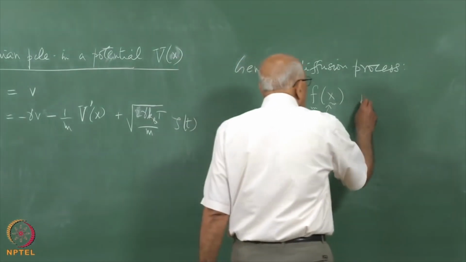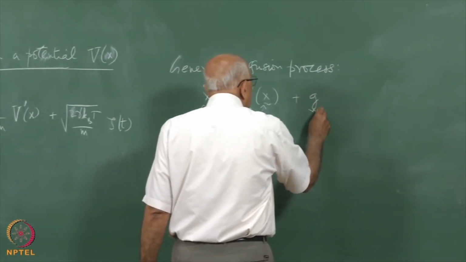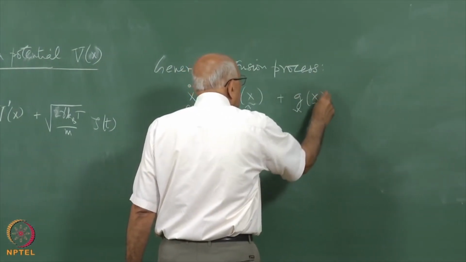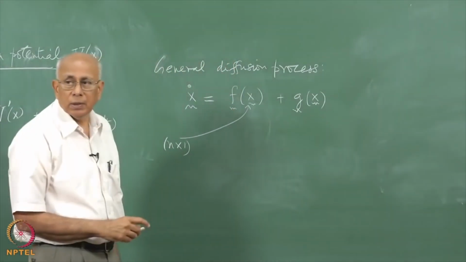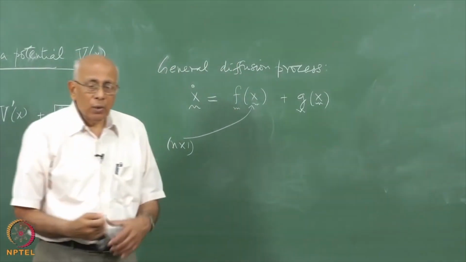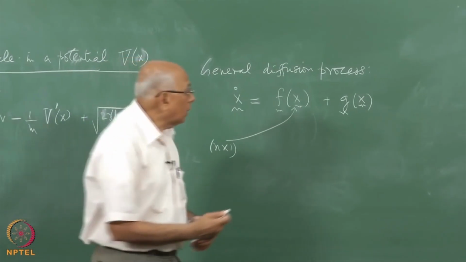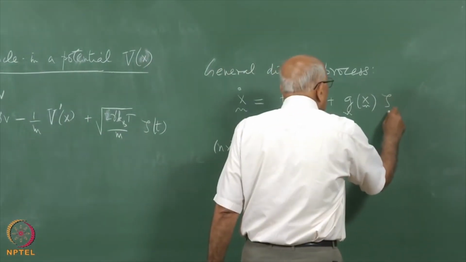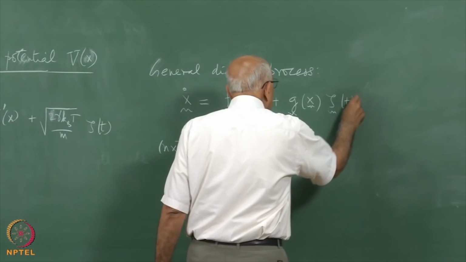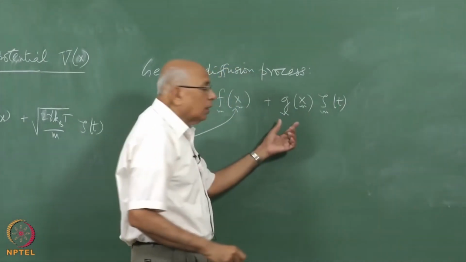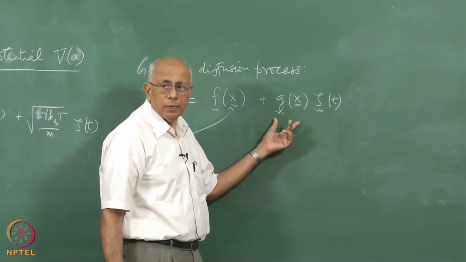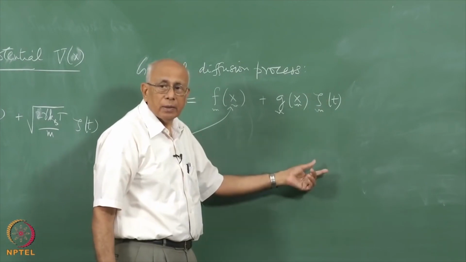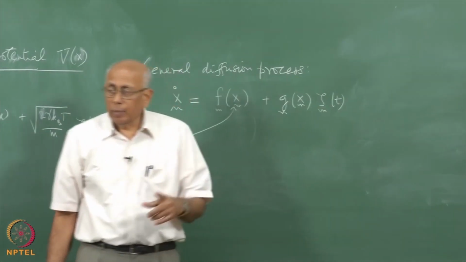Plus a g of x, this is multiplicative noise in general, times some zeta of t. In general this is some matrix acting on this column vector, but look at what happened in the earlier case.